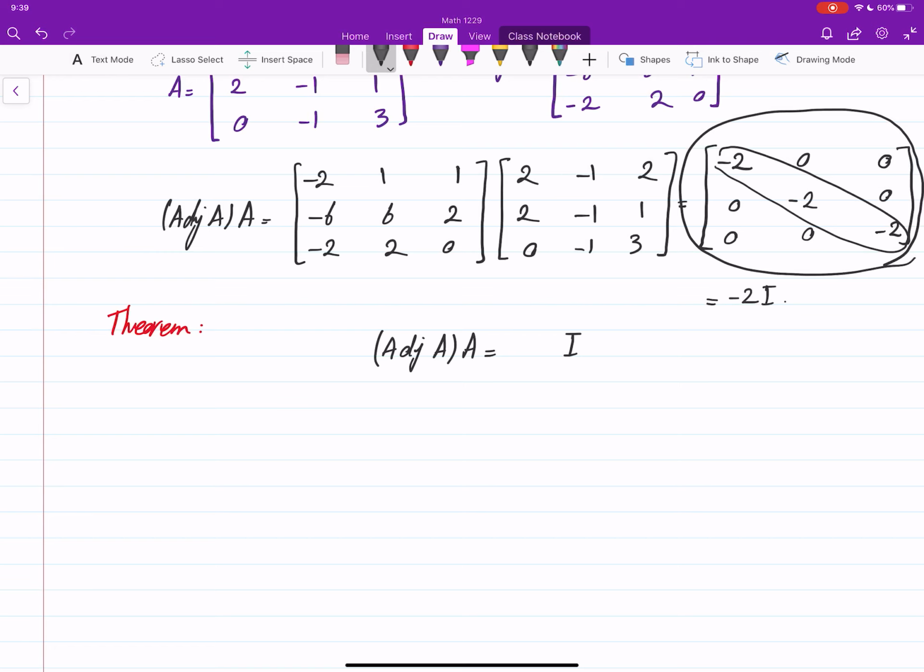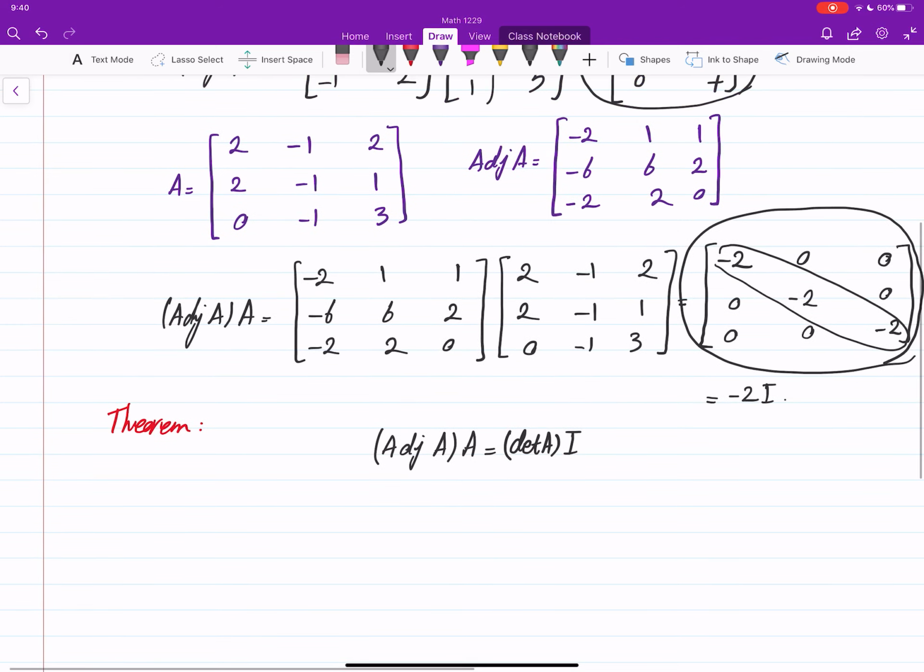It means that only on the diagonal will we have non-zero entries, and all of them are equal. Even on the diagonal we can have all zeros, but all of the entries on the diagonal will be the same number, everything else zero. That number is exactly the determinant of A.